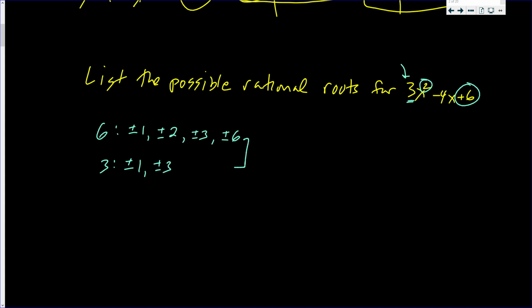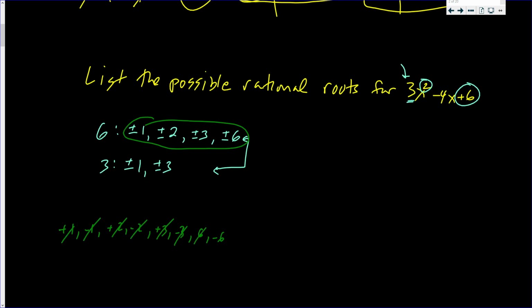Now, we want to form all fractions where the numerator is one of those 8 numbers. There are 8 numbers that are circled. They are plus 1, minus 1, positive 2, negative 2, positive 3, negative 3, positive 6, and negative 6. 1, 2, 3, 4, 5, 6, 7, 8.